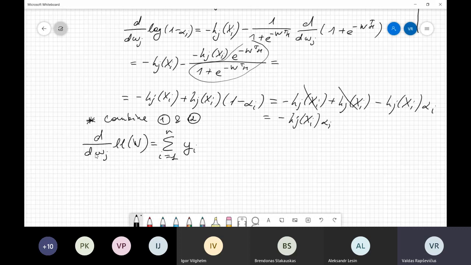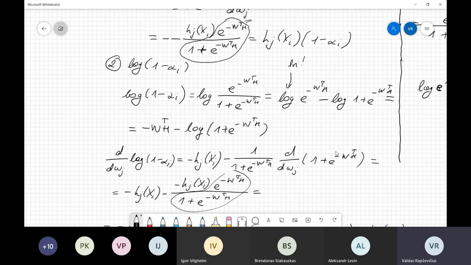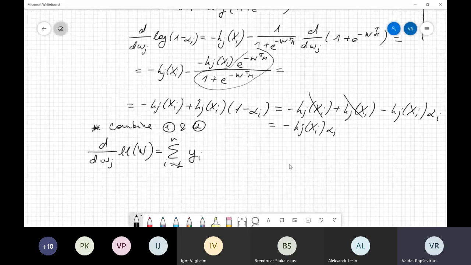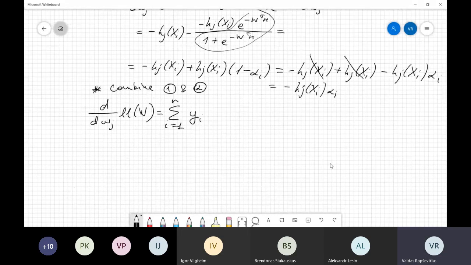And now we take feature xi, the jth feature, times 1 minus alpha i, plus the identity function for the 0th class, 1 minus alpha yi.